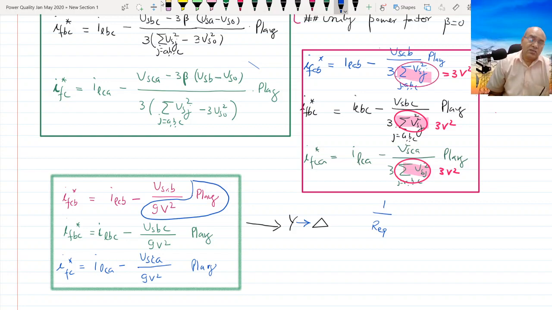Now, if you think that there is a three-phase four-wire system or star-connected load with an R equivalent resistance between A and neutral, B and neutral, C and neutral, and if I transform back to delta, then it will have the resistance of 3R EQ. Remember? And what was this REQ? It was nothing but the ratio of PL average by 3 by V square.